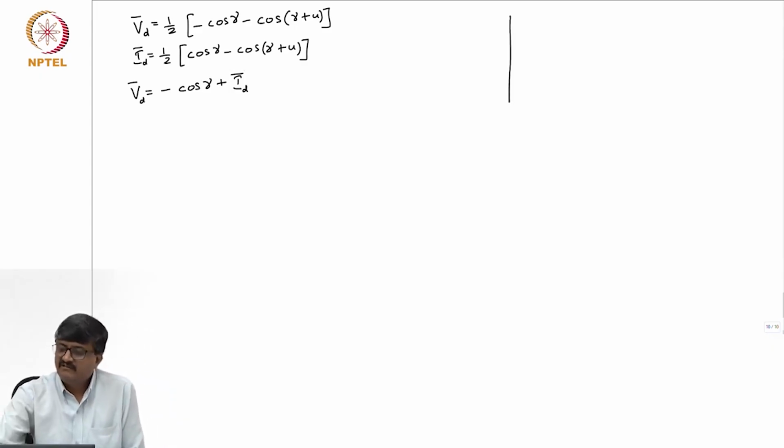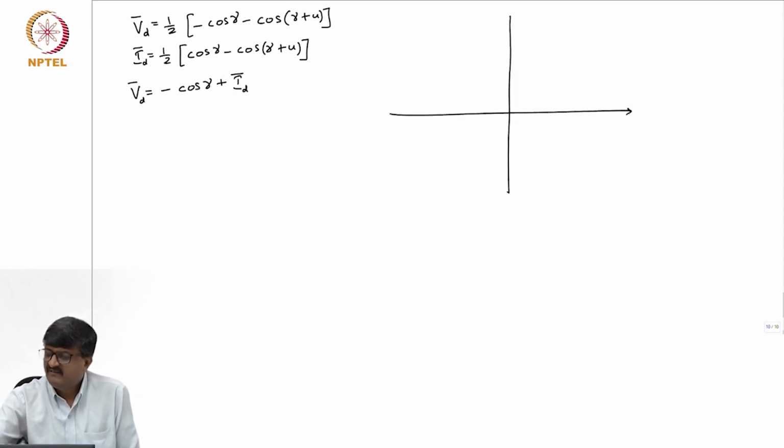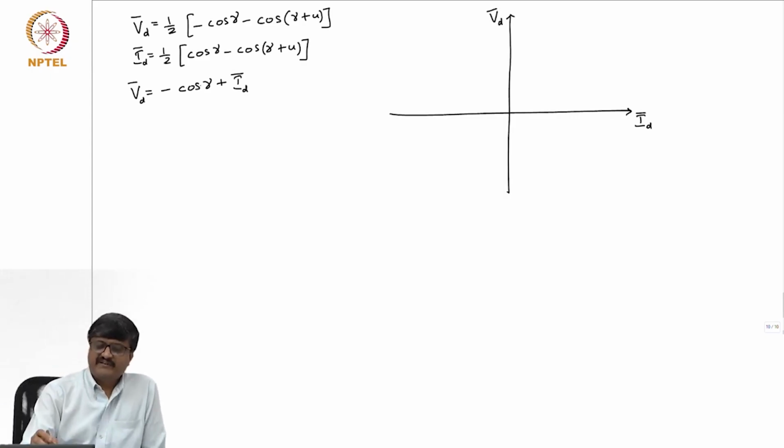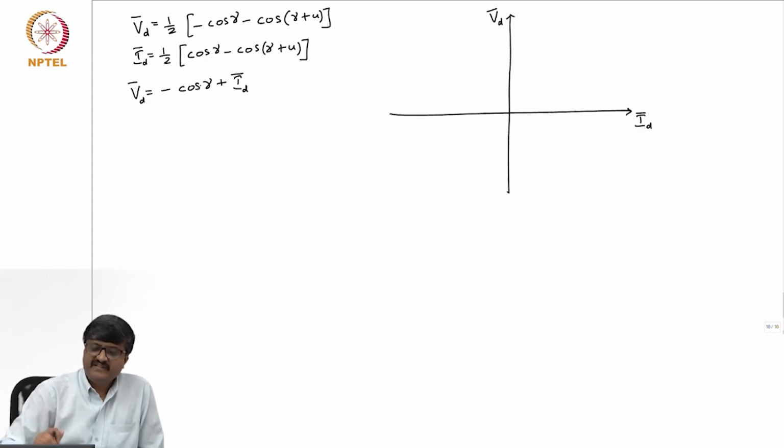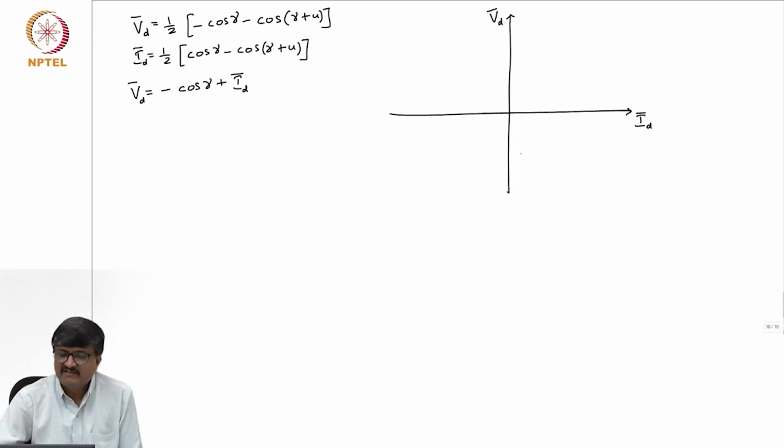So if I take this plane where I have ID bar here and VD bar here, and if I keep gamma constant, then this equation that I have got is the equation of a straight line. The slope of this straight line is plus 1.